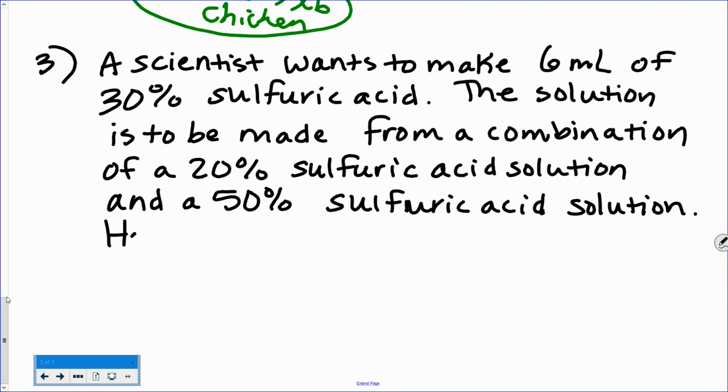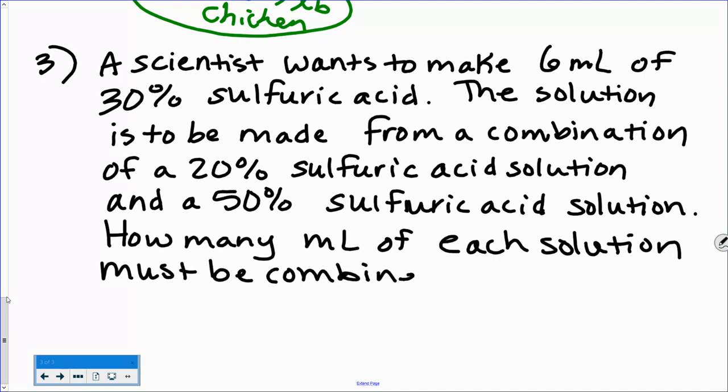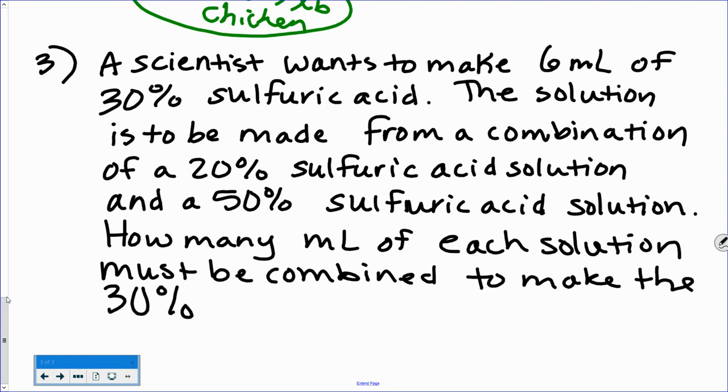Here's our question. How many milliliters of each solution must be combined to make the 30% solution? There's our problem.